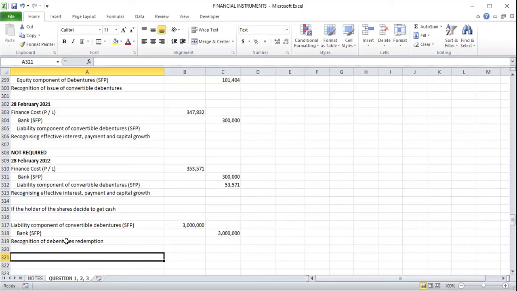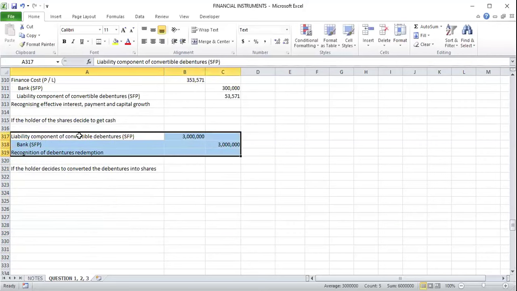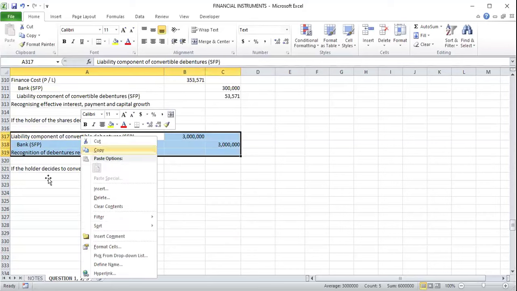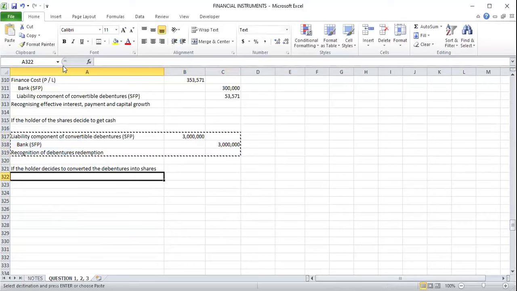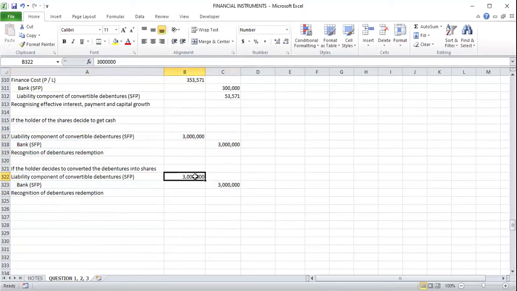Then we will have, if the holder decides to convert the debentures into shares, instead of bank, we will not pay.